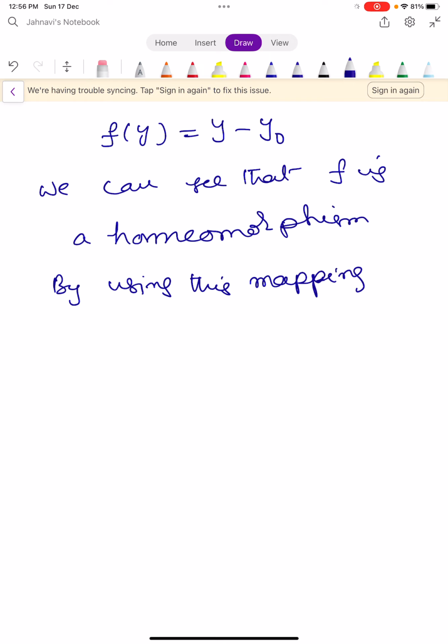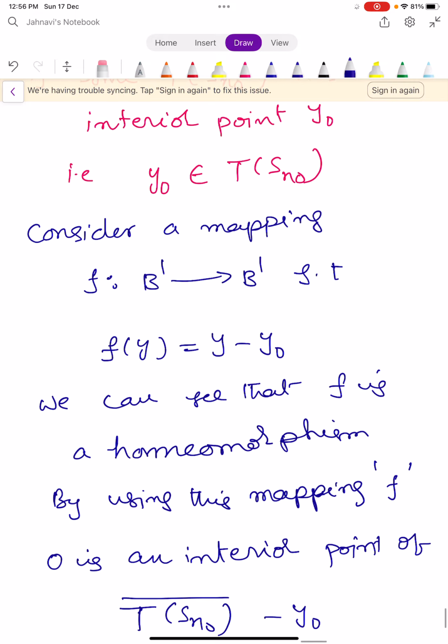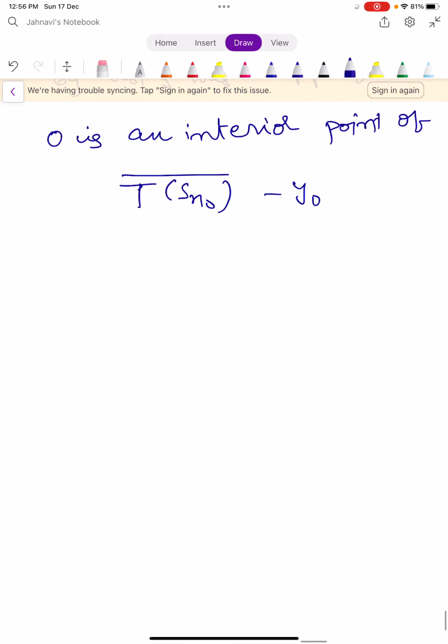0 is an interior point of the set T(S_n0 bar) minus y naught, because already y naught is an interior point of T(S_n0). So obviously 0 is an interior point of T(S_n0) minus y naught.